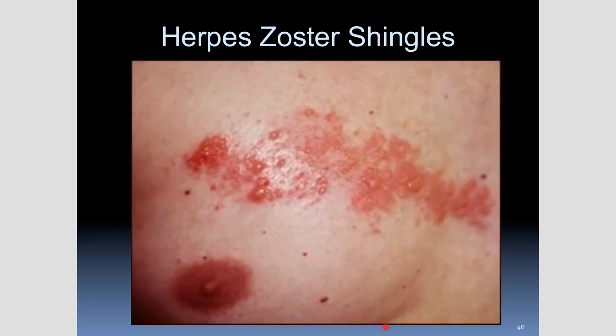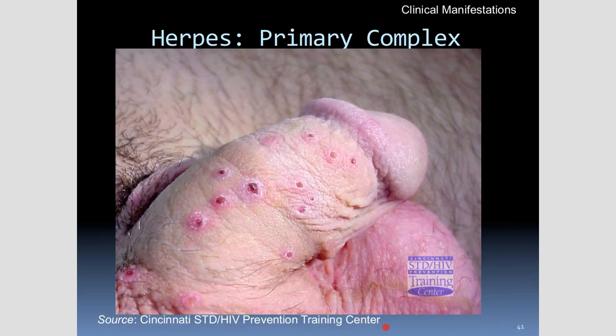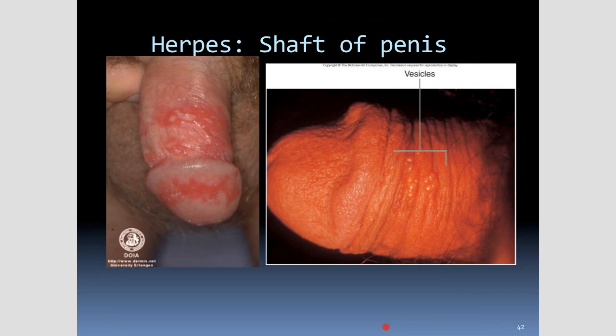So it's very painful over here, herpes zoster shingles. And herpes zoster shingles again, you can see from here, as I said, very painful for breast tissue. If it happens on the male, the primary complex of the penis, again very painful. For most of the people who get STDs and pass them on, you can imagine the lesions on these parts, even in different formats, for the typical STDs that people have, CDC.